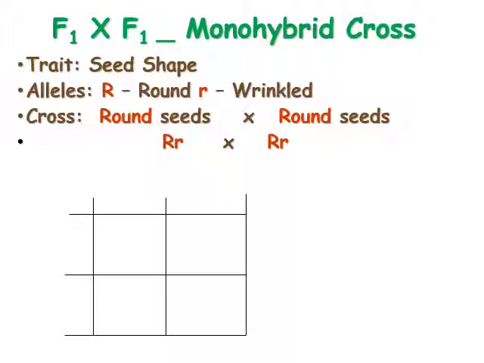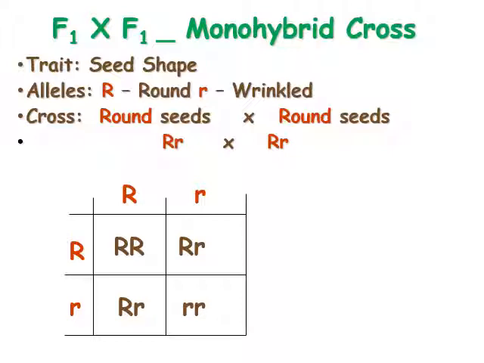Because this is F1 into F1, we get capital R small r into capital R small r, which means that the gametes could either bear capital R or small r from one parent, and the gametes of the second parent would again be either capital R or small r. Putting all the four possible combinations together in the form of the allelic combination of the possible offspring, we get capital R capital R, capital R small r, capital R small r, and small r small r.